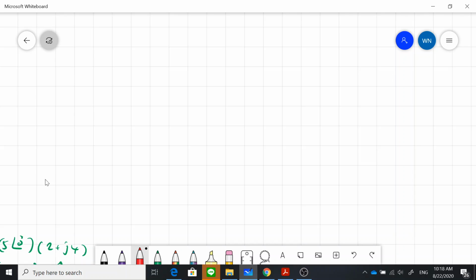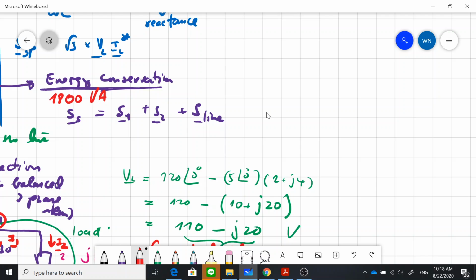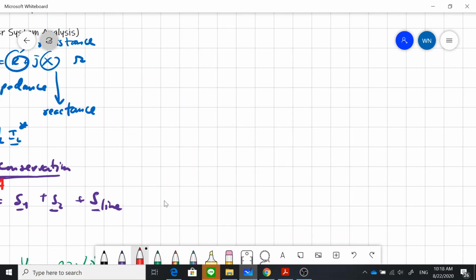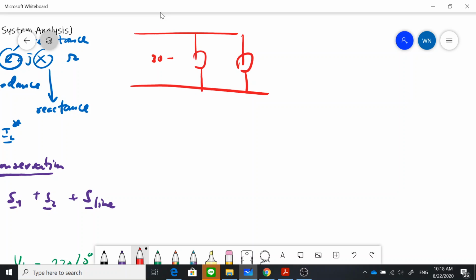So you know it already that the voltage drop across the load is 110 minus j20, right? So this is at the load. I redraw this: 30 plus j40 is the first load, and 20 minus j15 ohms.